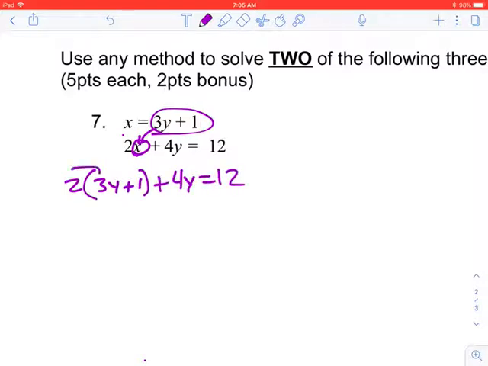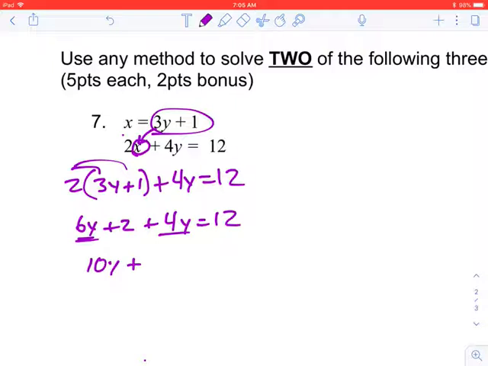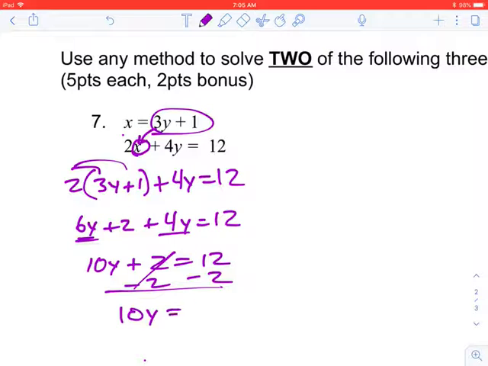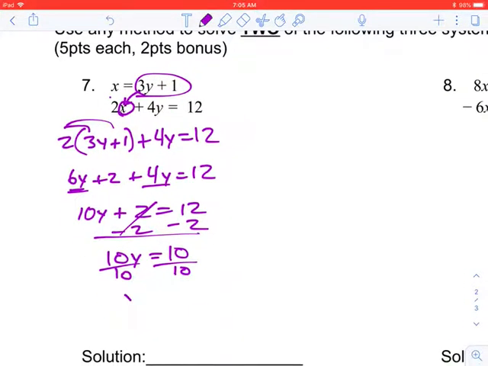And then I'm solving once again. So 2 times 3 is 6y, 2 times 1 is 2, plus 4y equals 12. Combine like terms, get 10y plus 2 equals 12. And then I subtract 2, 10y equals 10. And so y equals 1.